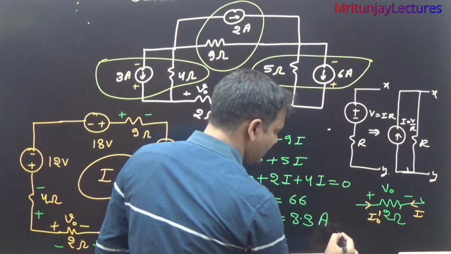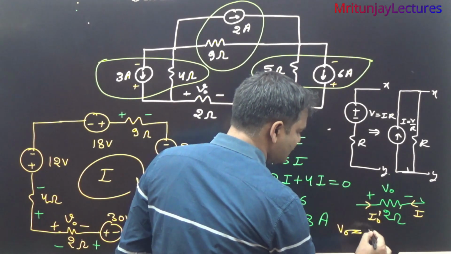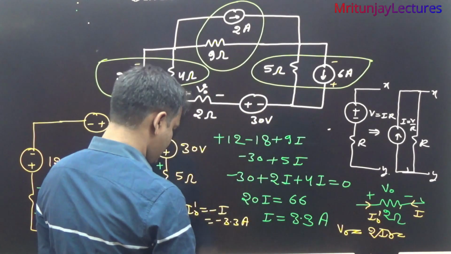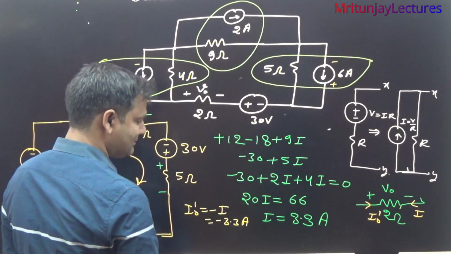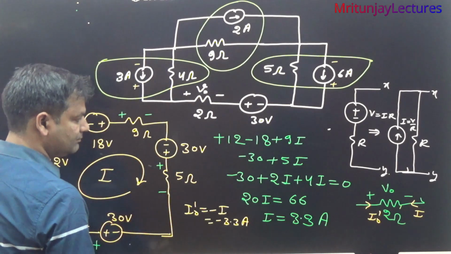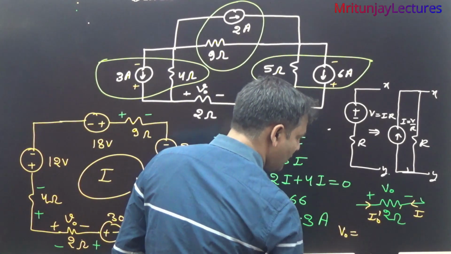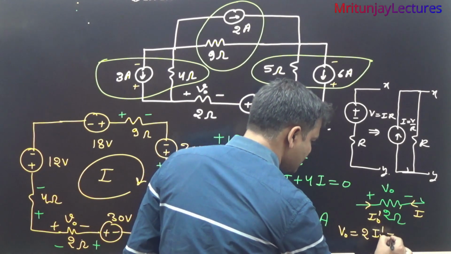Now what about V0? V0 is equal to 2 into I0 dash.